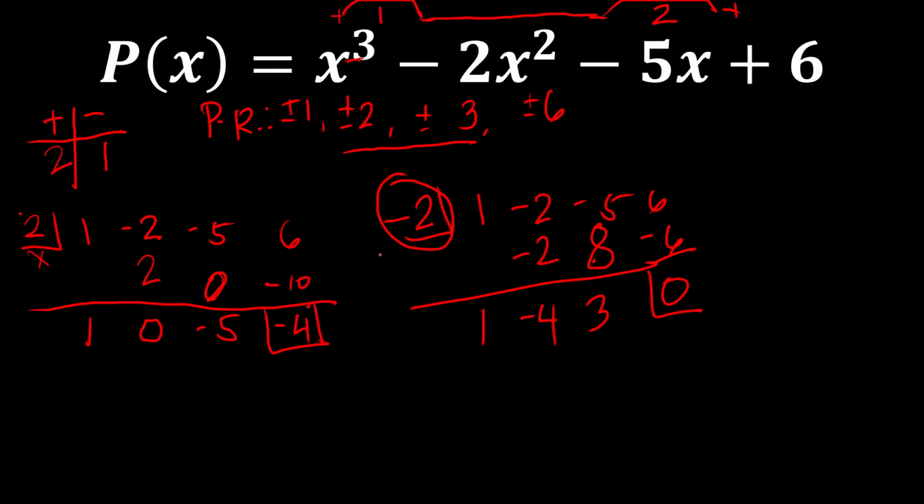O, tingnan nyo. Dahil alam natin na si negative root dito sa Descartes' rule of sign ay iisa. So, therefore, ano ibig sabihin nun? Nakuha na natin yung kaisa-isang negative root or negative value ng x. So, for example, dito, kung itatry natin yung negative 3, kailangan pa bang isolve yung negative 3?